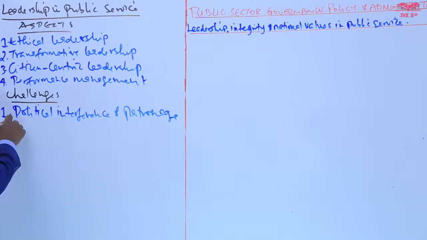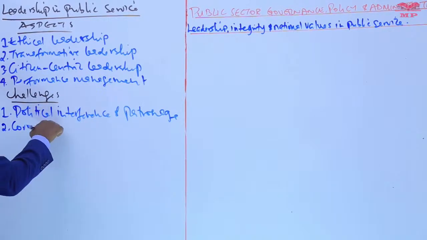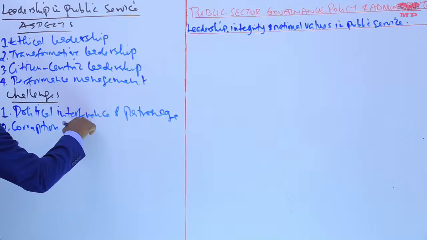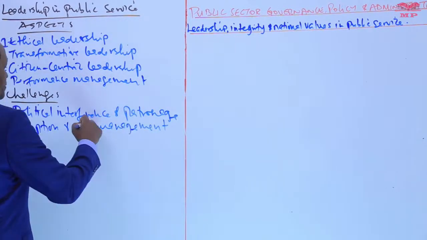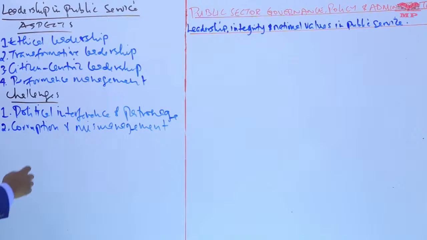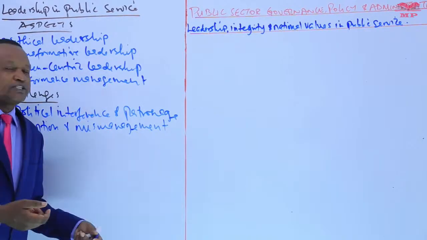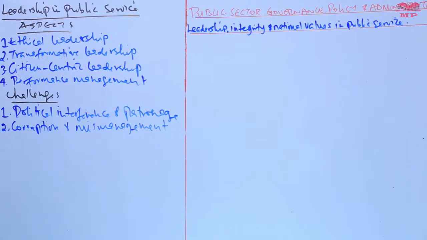2, corruption and mismanagement. Corruption and mismanagement are challenges in the public service. It erodes public trust, it diverts resources from essential services, and perpetuates inequality in the society.